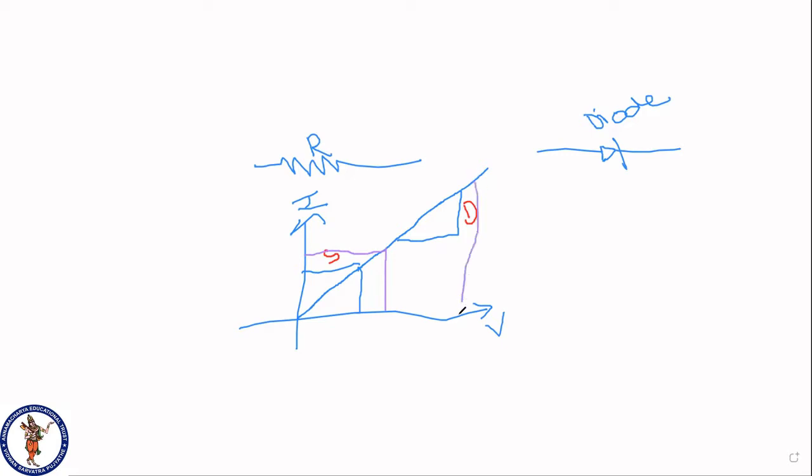At this point also, the static resistance will change, not by a very big factor, but slightly, more or less the same. But the graph looks like this, so it is nothing but linear functionality.